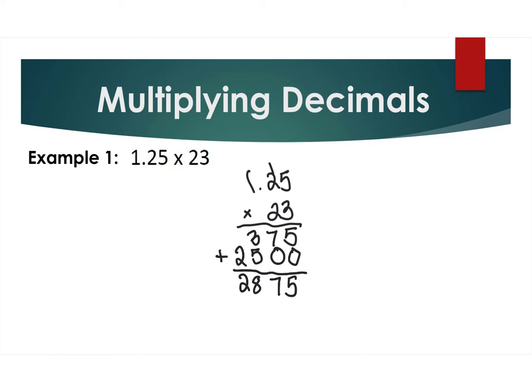Now, I'm going to count the decimal places. Here I have 2. Here I have 0. I'm going to add those together, and I need 2 decimal places. 28.75.